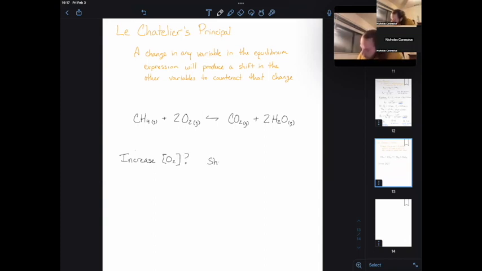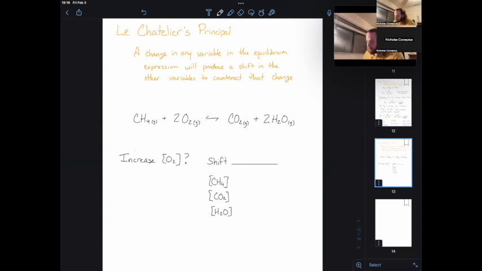Okay, so what we want to be able to answer is, if I increase the concentration of O2, which direction does it shift towards? And then what happens to the concentration of everything else, right? So all of these other things here.